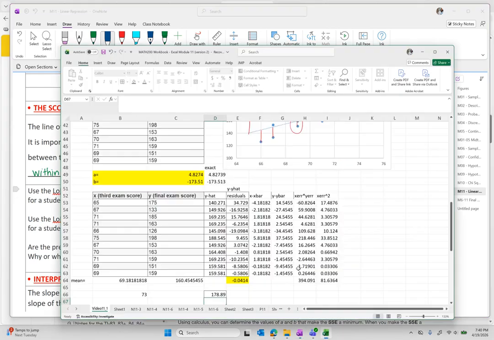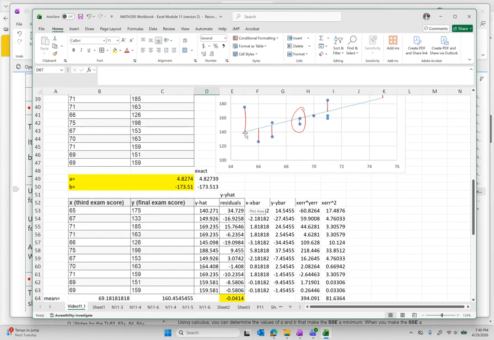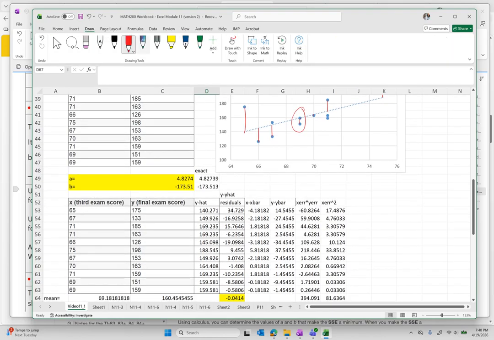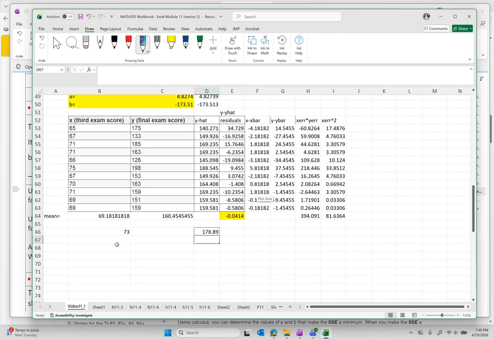My data was about 65 was my lowest. So I had here 65 for my lowest, and 30 is all the way to the left this way. So could I do that estimation? Could I use the same process to estimate a final exam grade?